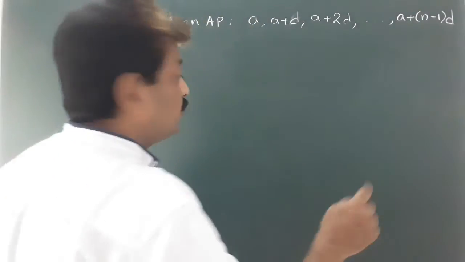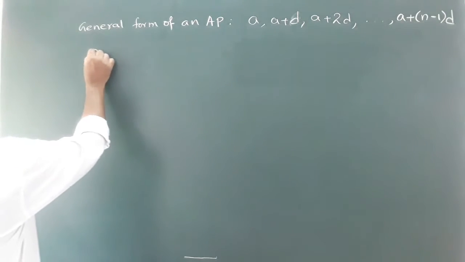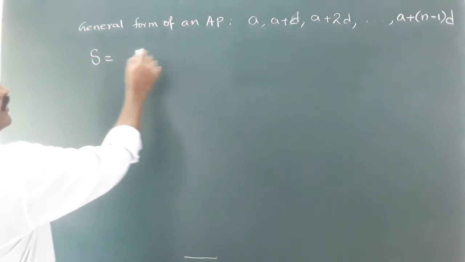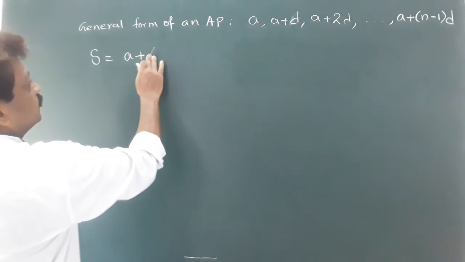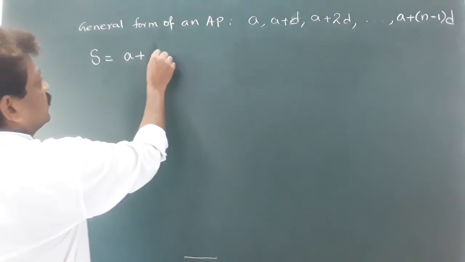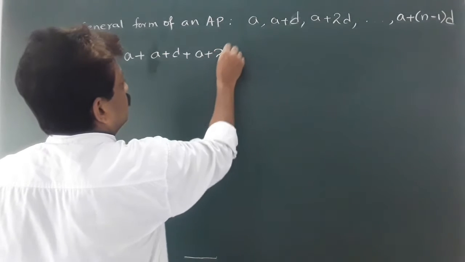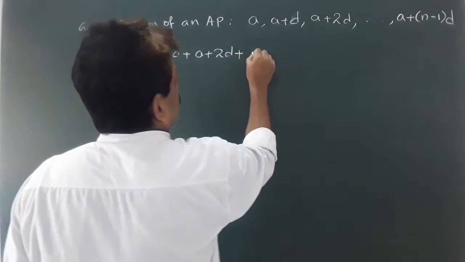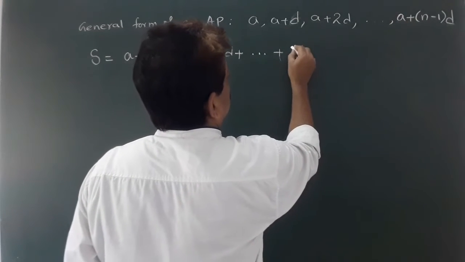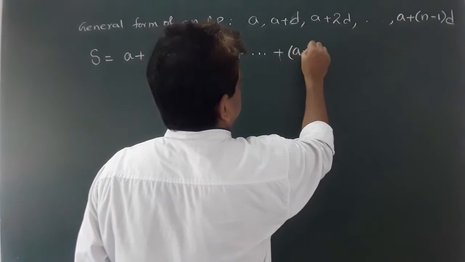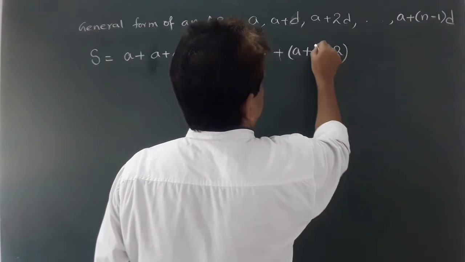Suppose S is the sum. So S equals to what you will get? a plus a plus d plus a plus 2d plus, and then the second last term, that is a plus n minus 2 d.